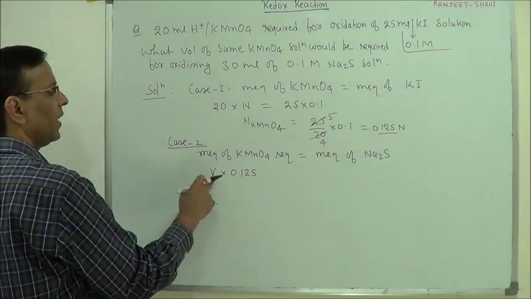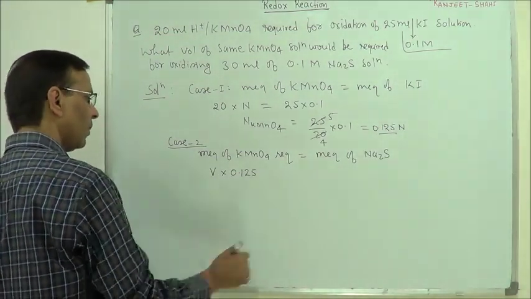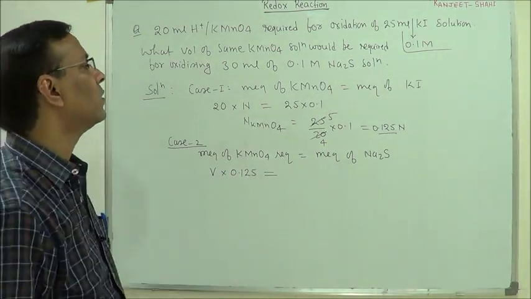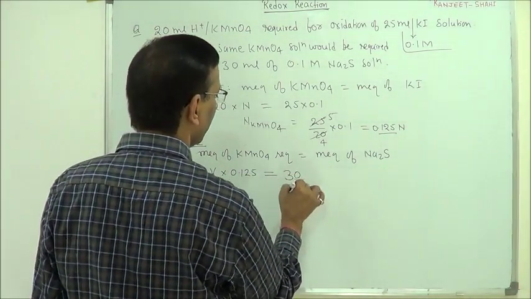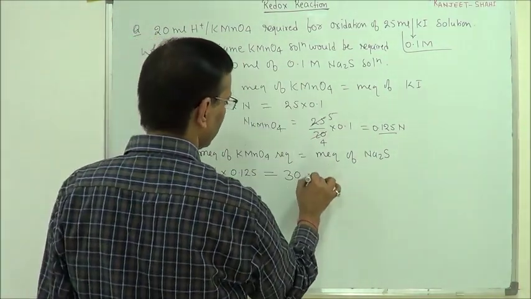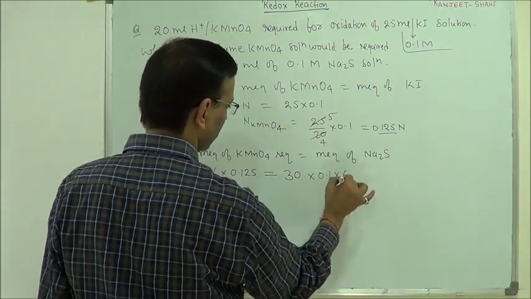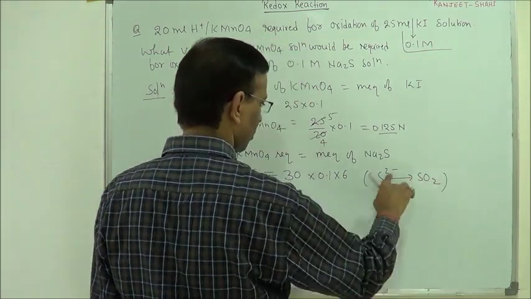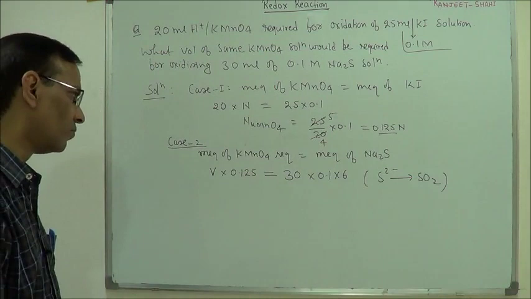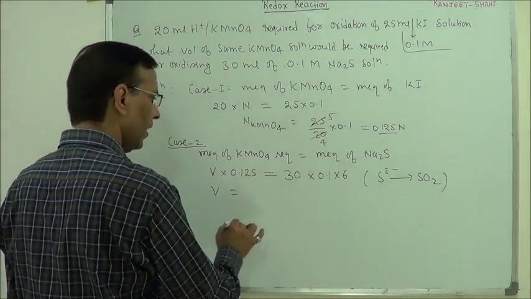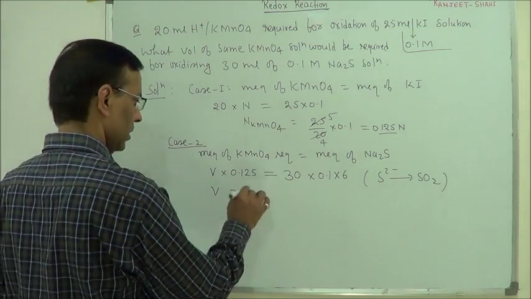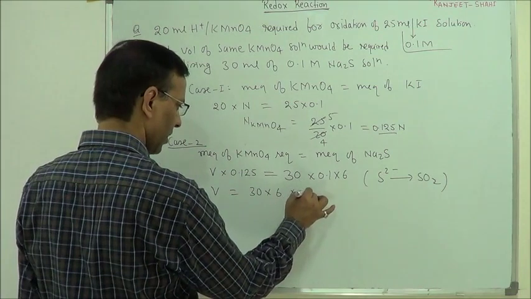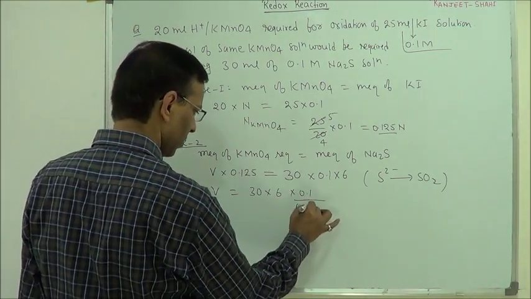That will be equal to milliequivalent of sodium sulfide, which is volume multiplied by normality, 0.1 into 6. Here S2- will be converted to SO2, so n factor is 6. So the required volume will be 30 into 6 into 0.1 divided by 0.125.